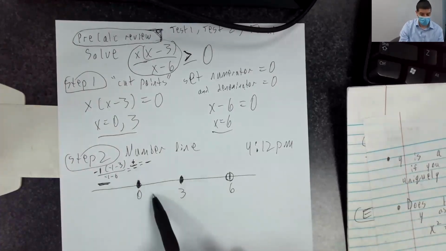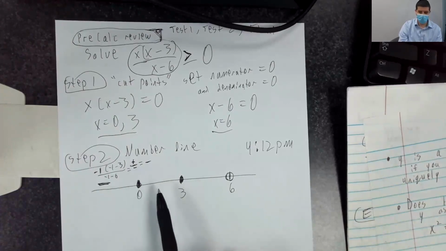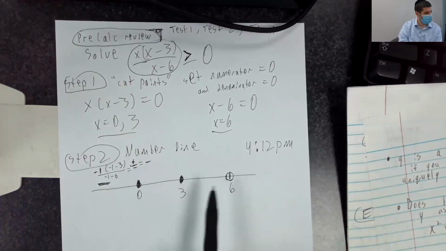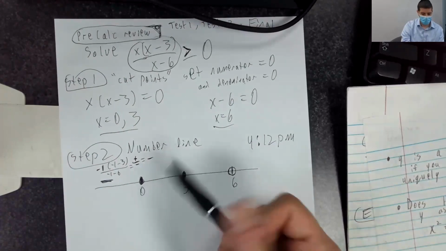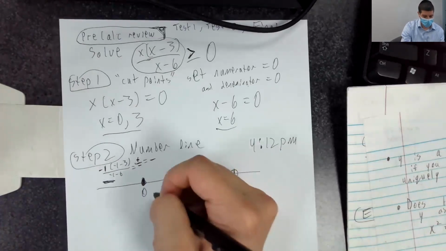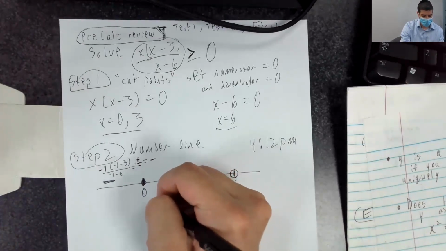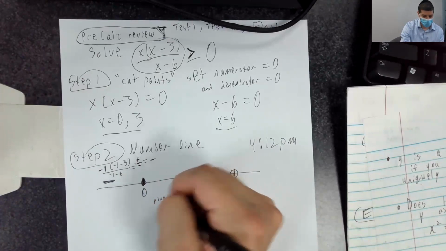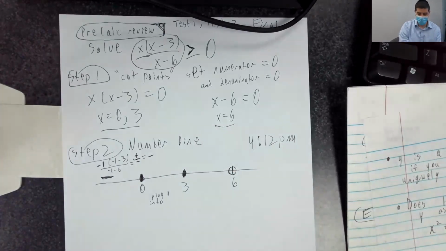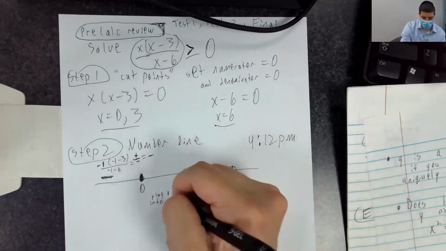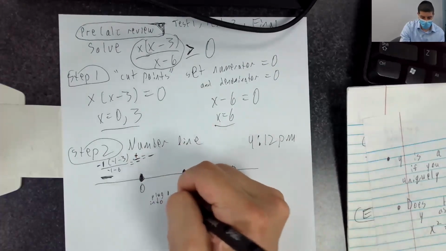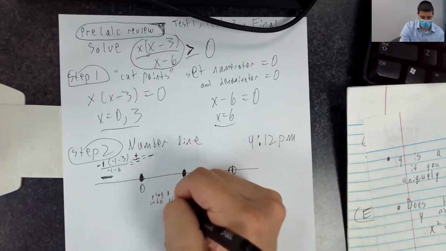Okay, guys, so first of all, just raise your hands. Who was able to figure out in between? So what we do in between, similar thing. Plug one into whatever thing you're trying to solve, which is here. So plug one into x times x minus 3 over x minus 6.